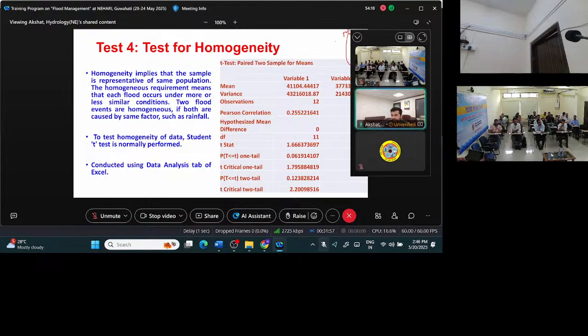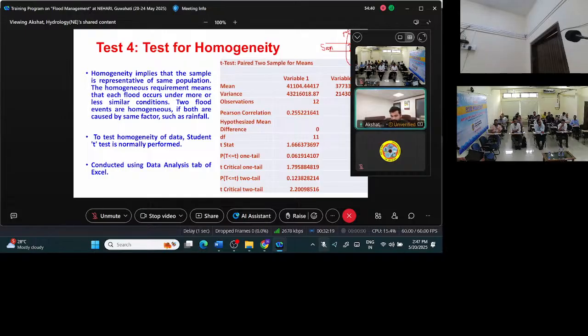And since we are just taking 24 samples from this small set of values which we have observed, this is known as the sample. So the homogeneity test is used to see statistically that the sample is representative of the same population.